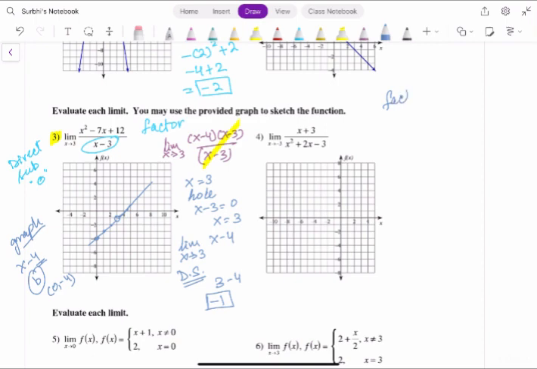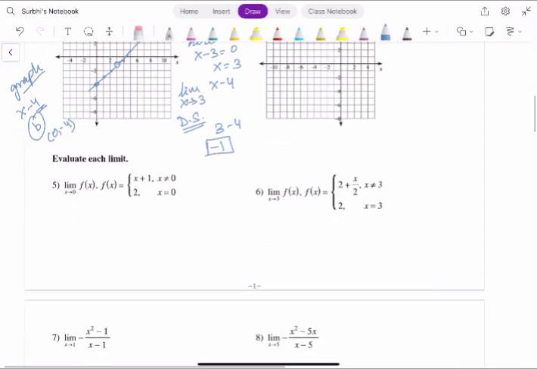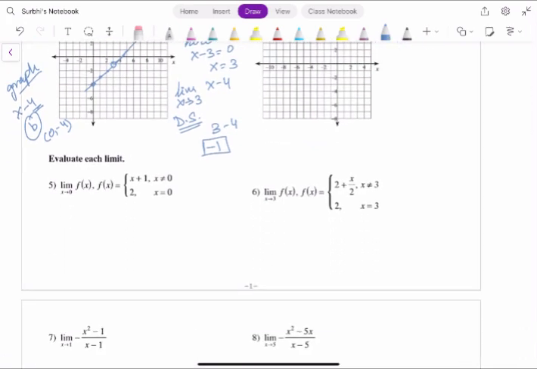Let's try another question. Number 5 and number 6 are piecewise functions. And when we solve piecewise functions, we need to consider the different domains. So in number 5, it says limit x is approaching 0. Now it is approaching 0, it is not at 0.